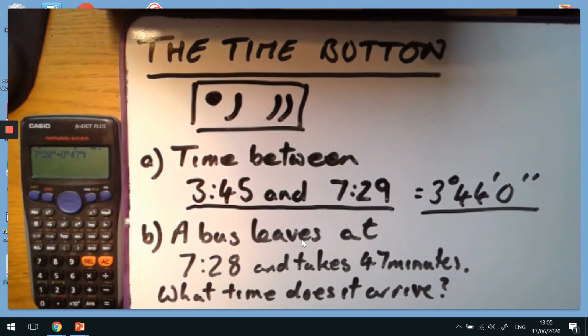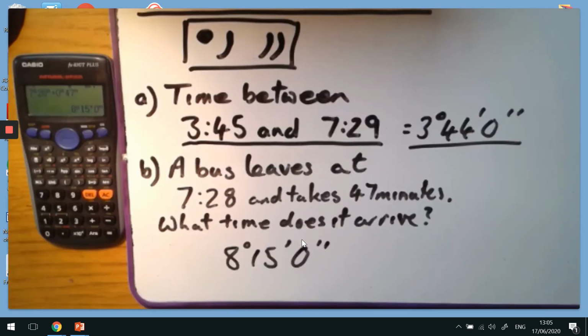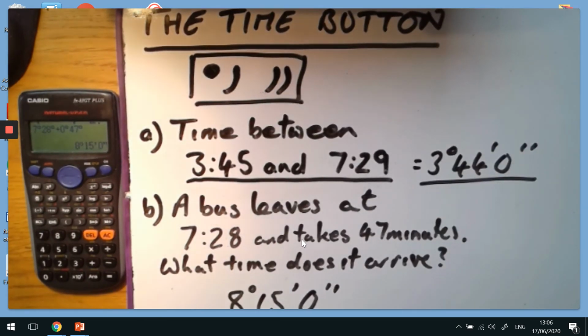You have to do the hours first, then the minutes, and then the seconds if there are seconds. I press equals, and I get 8 hours, 15 minutes, 0 seconds. So the answer is 8:15. Sorry, that's what the calculator's saying there.